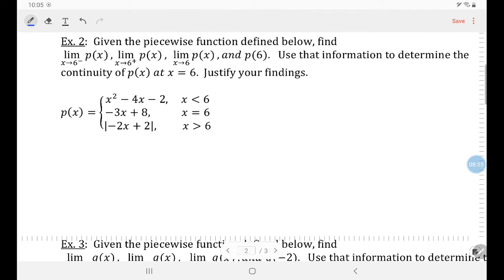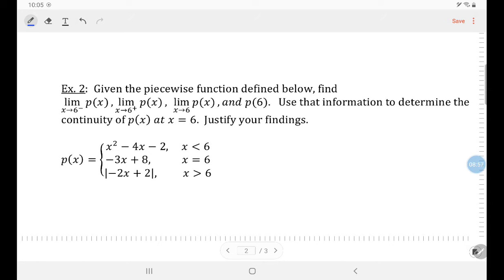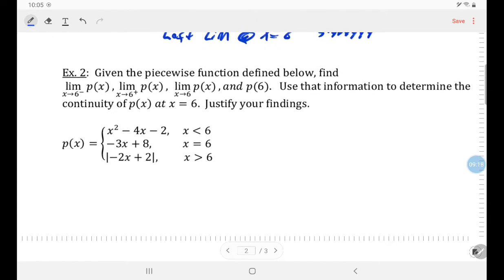Here's what I want you to understand. If I am doing the limit from the left at x equals 6, I'm looking for numbers like 5.99999, and so on. I want something smaller than 6, but yet close.